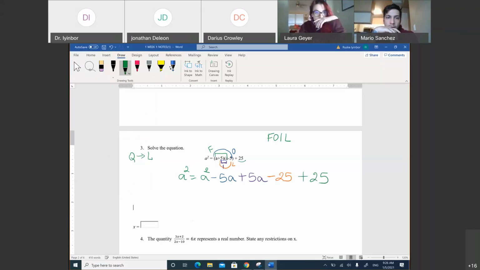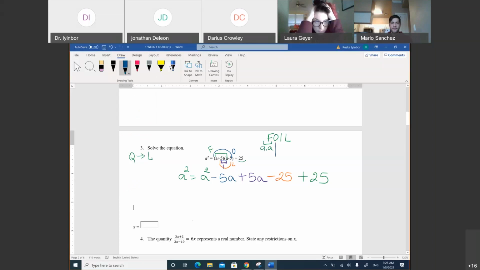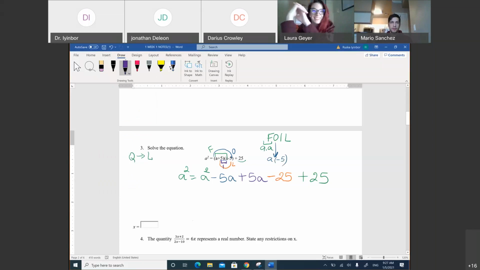I'm going to write it one more time. F: you're multiplying a times a. Then O is outside, so you're multiplying a times negative 5. And after that, I is the inside, so I is going to be 5 times a.